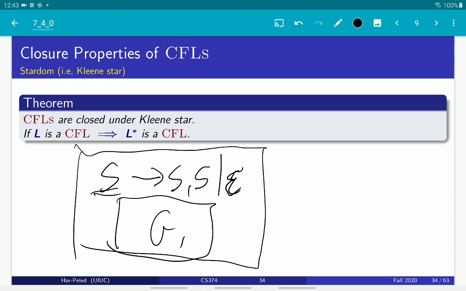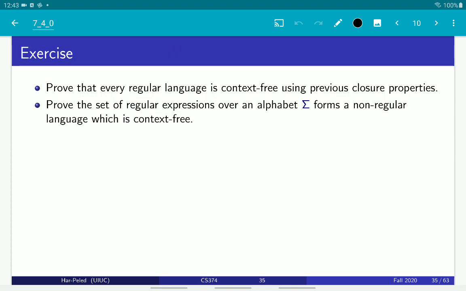So this is already pretty good news, because it means that it's very easy to replicate regular expressions. For every regular expression, you can generate a context-free grammar that generates it. In particular, this gives us a second proof that regular languages are also context-free languages.